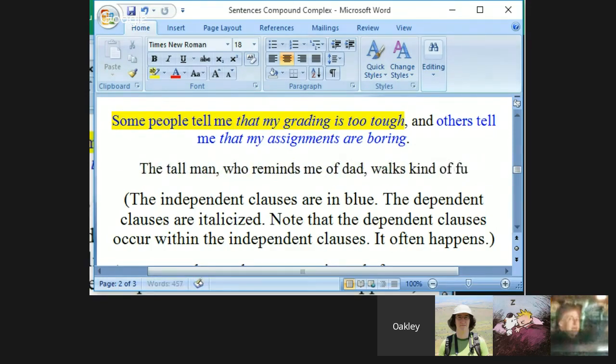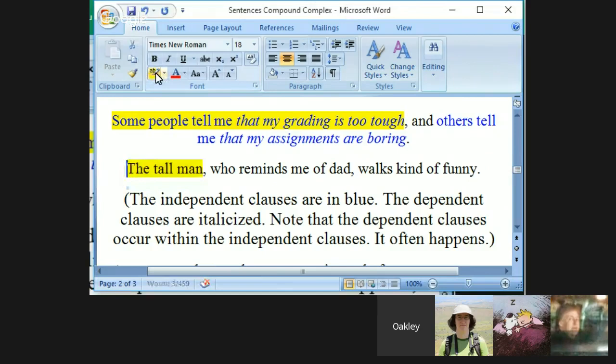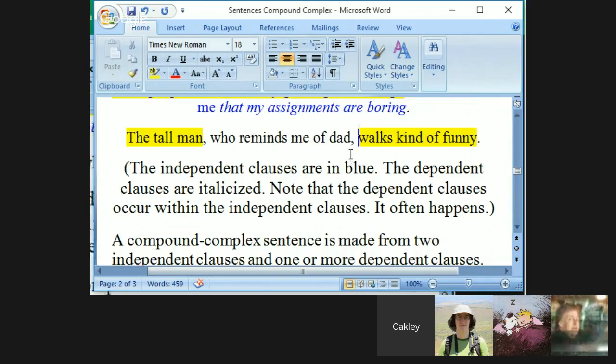All right. Okay. You've got to be aware of this as well. This is also a complex sentence. There's only one independent clause, but the independent clause in this case has been split by a dependent clause. So this also happens. Sometimes a dependent clause can be part of, sometimes it can split up independent clauses.